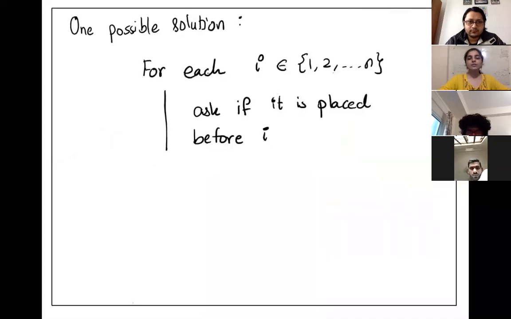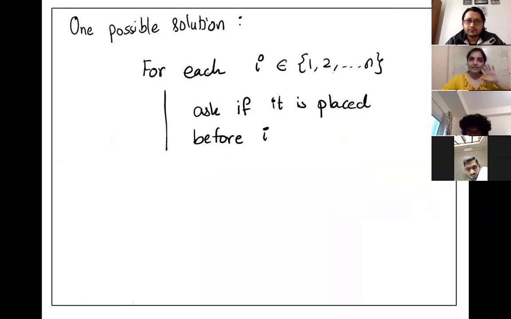which is for each position i from 1 to n. Say there are n glasses, then for each i from 1 to n, you can ask if it is placed before the glass i. Okay, so you ask for 1, you ask for 2, you ask for 3.